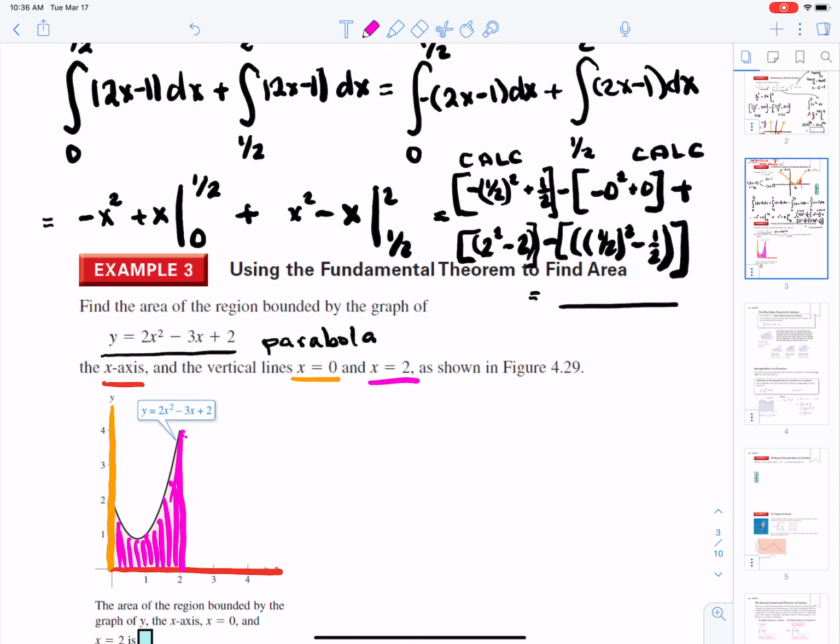So in order for me to set this area up, we've done this before with the simple shapes. We're going to go from 0 to 2, which are our lower bound and our upper bound on the x-axis. We take our upper function, 2x squared minus 3x plus 2, and we're integrating that with respect to x.